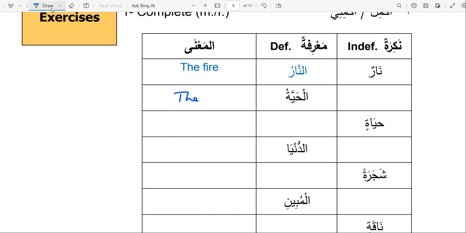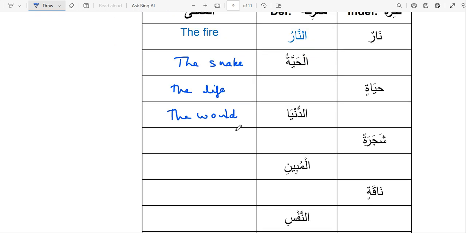And how you make the nakira, you need to write here hayatin, this is life. Dunya, the world. It's very difficult to memorize the meanings, but this is the starting. That's how you build your vocabulary. The tree. And al-mubin, the clear. And naqa, the she camel.